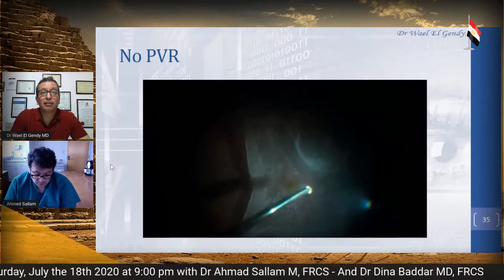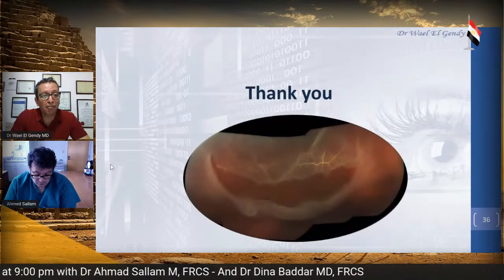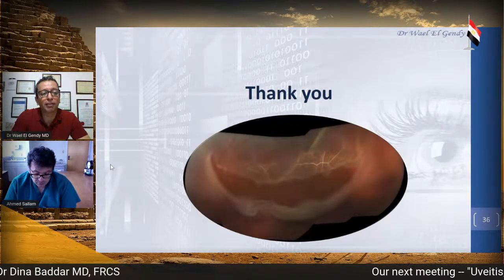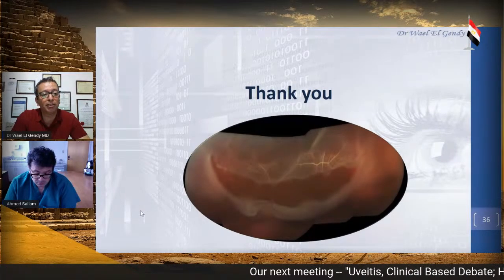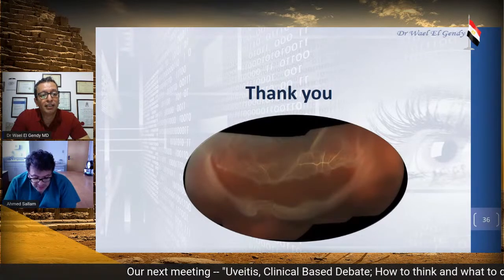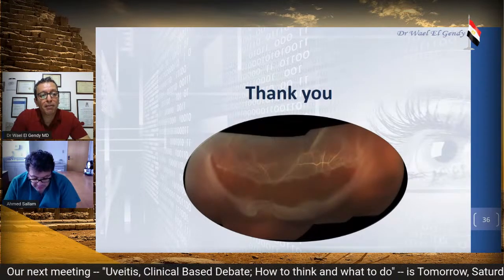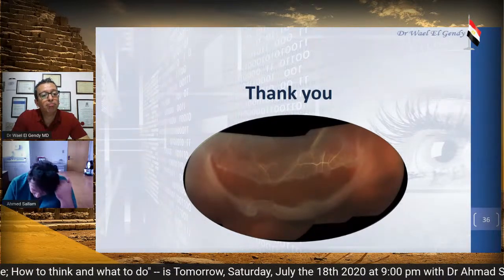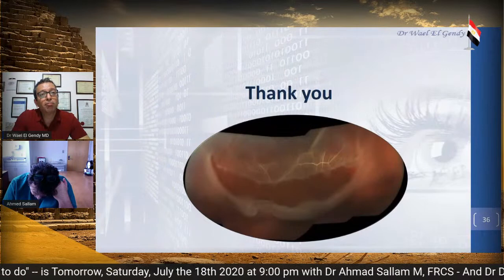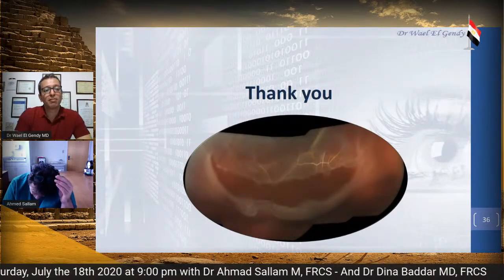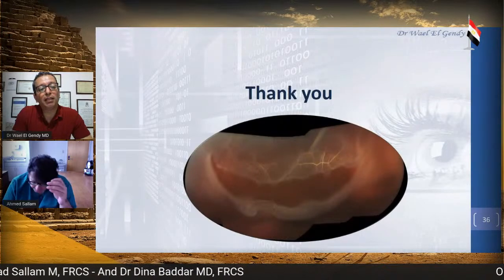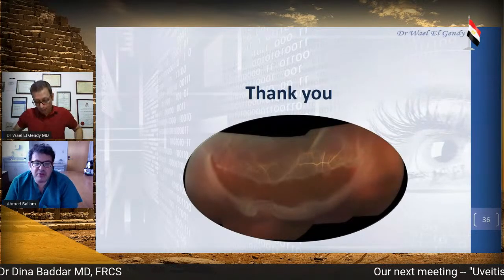And I think this is the end of my presentation, and I think we've covered most of the topics for giant retinal tear. Is there anything you would like to add, Dr. Ahmed? No, I was trying to get Michael's paper. And what is the paper about, Dr. Ahmed? It's a paper about using PFCL.